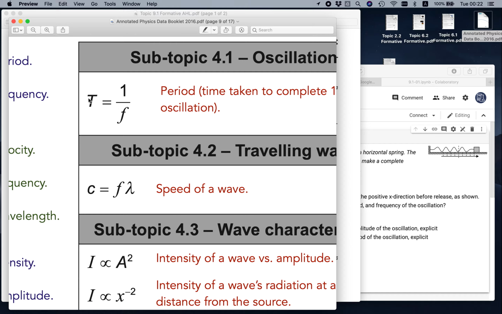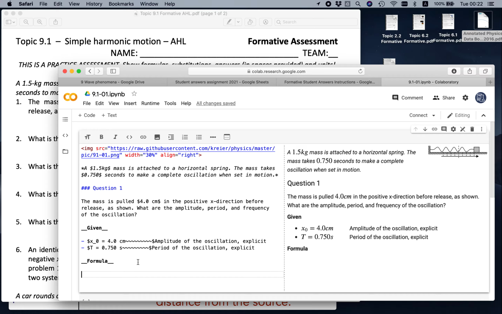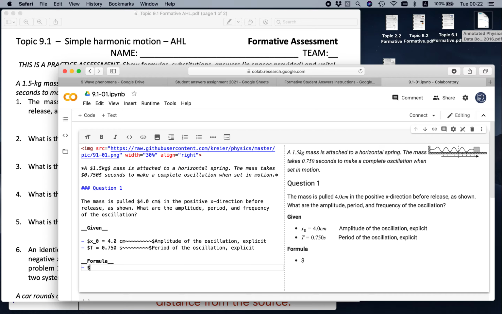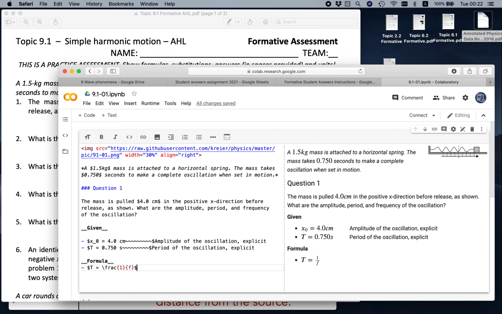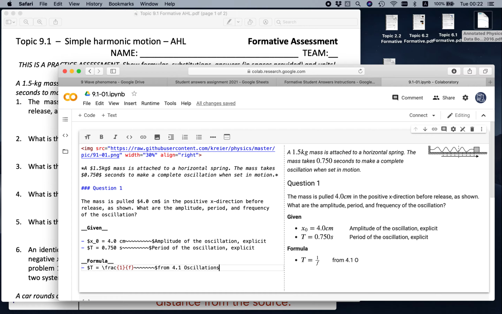Period T equals 1 over frequency, from 4.1 oscillations.